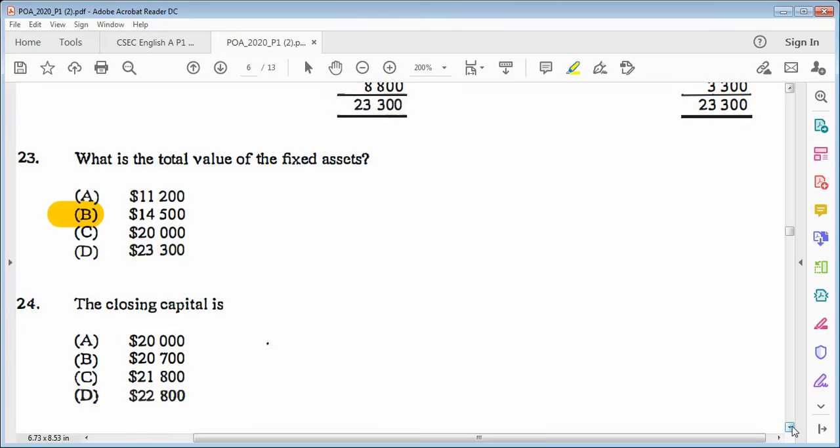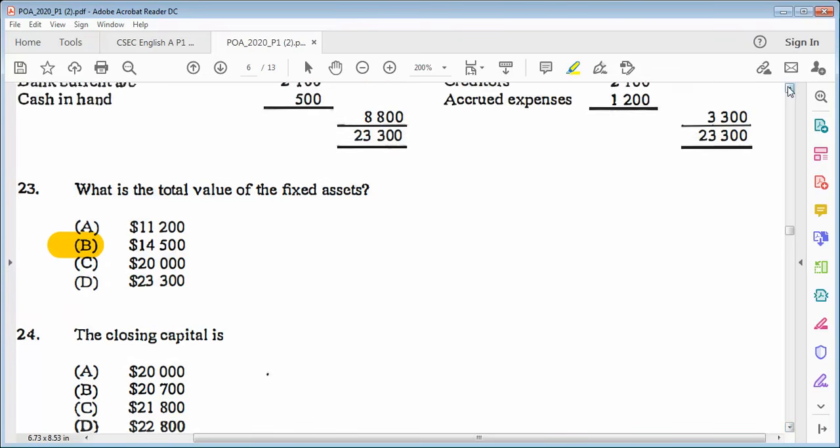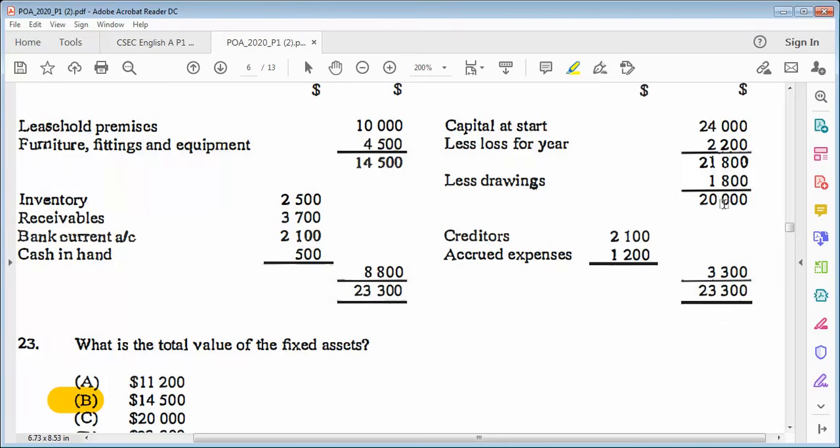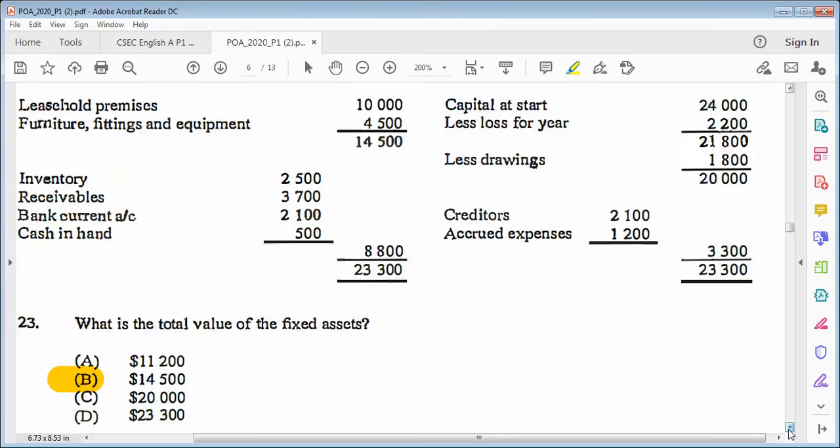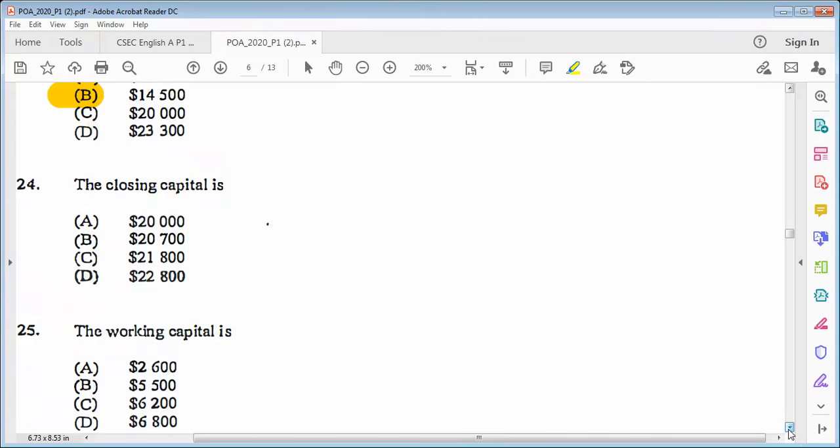So how do we arrive at this? What is our closing capital? Our closing capital is right here, $20,000. So our answer would be A.